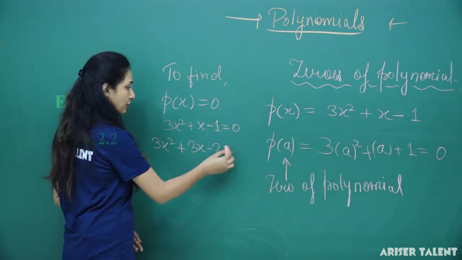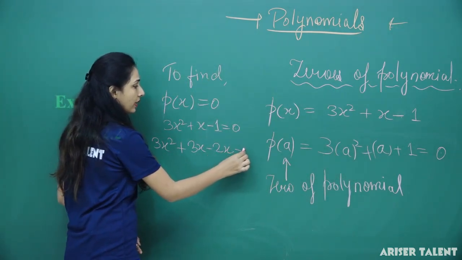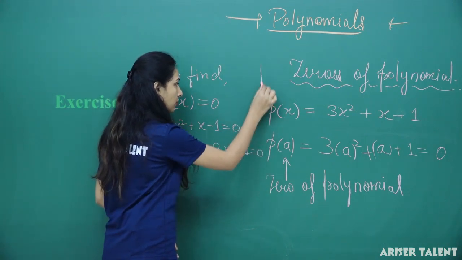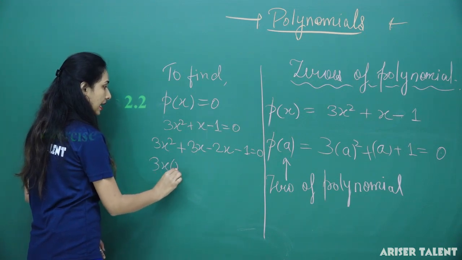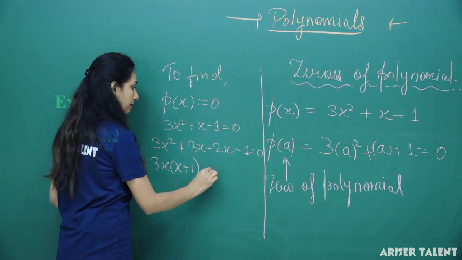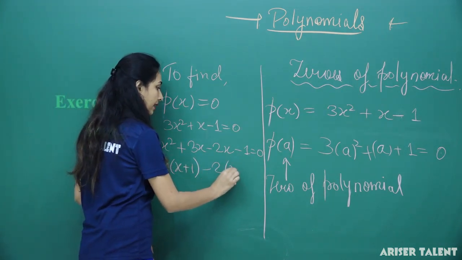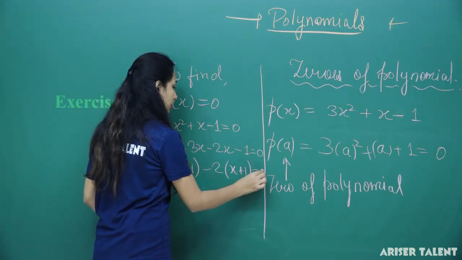Right. So, that will be 3x square plus 3x minus 2x minus 1 equals 0, and then that will be 3x(x plus 1) minus 1(2x plus 1) equals 0.